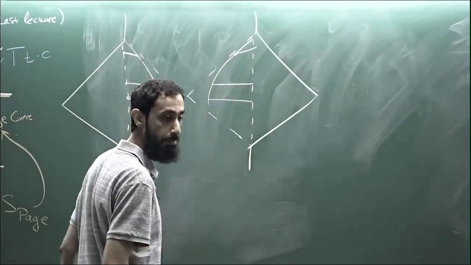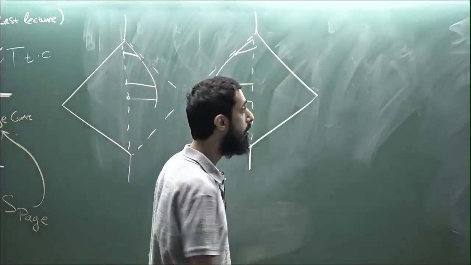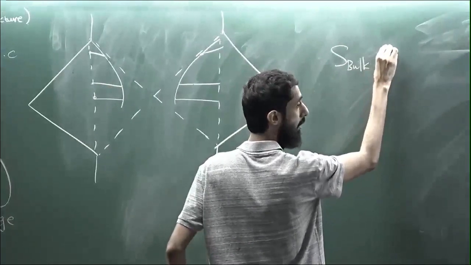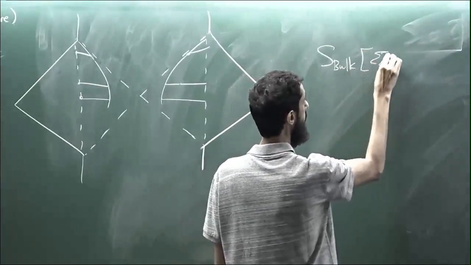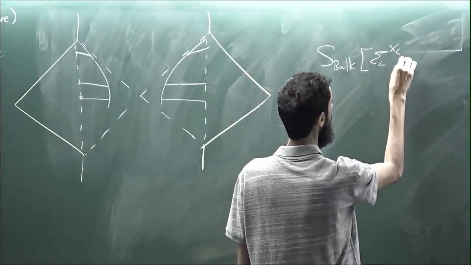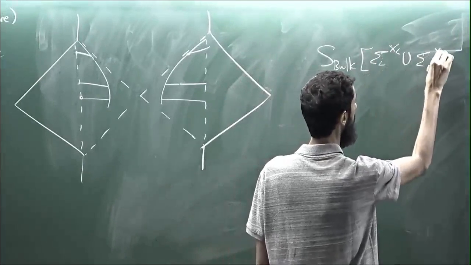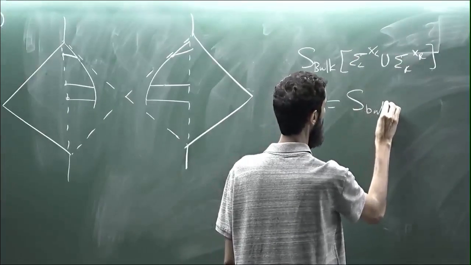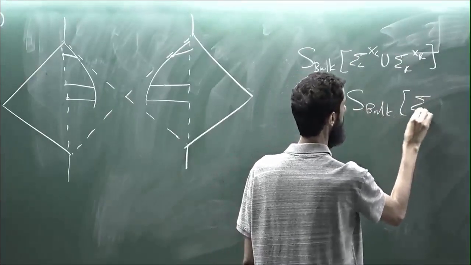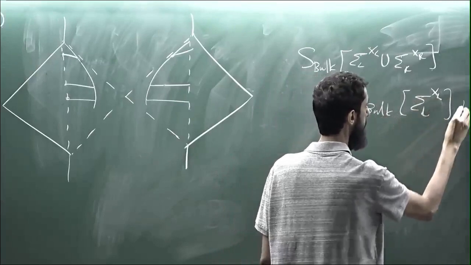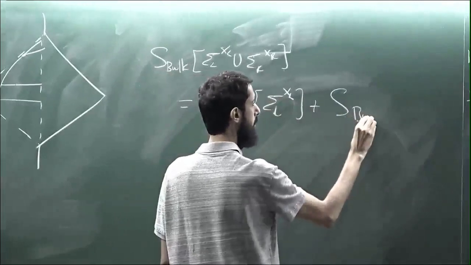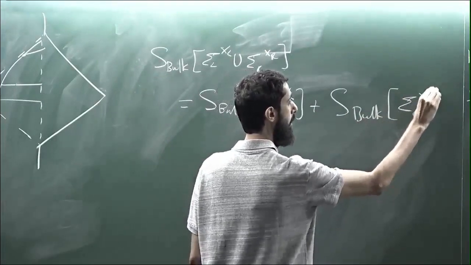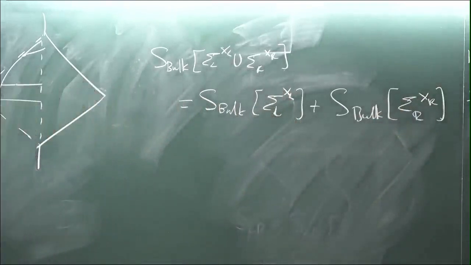And I claim that in that limit, I forget if the cross ratio goes to 1 or 0, S bulk of sigma L XL union sigma R XR is simply equal to S bulk of sigma L XL plus S bulk of sigma R XR.